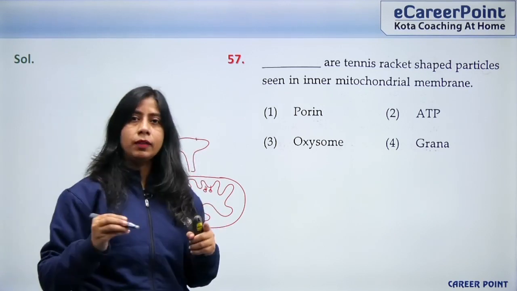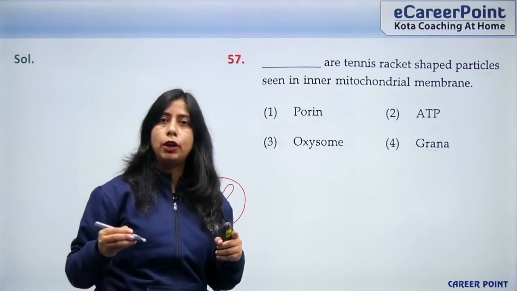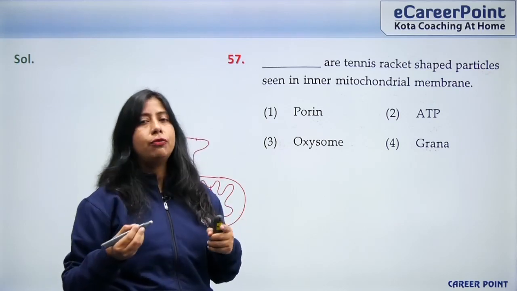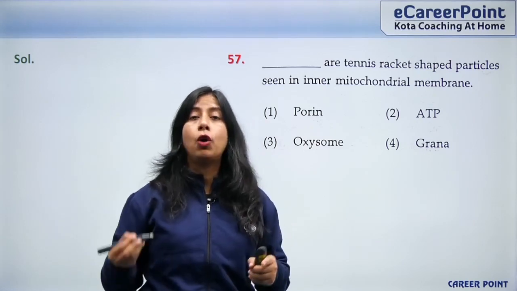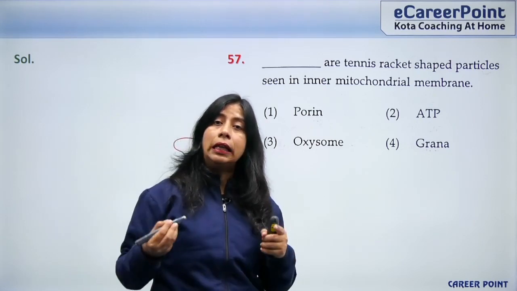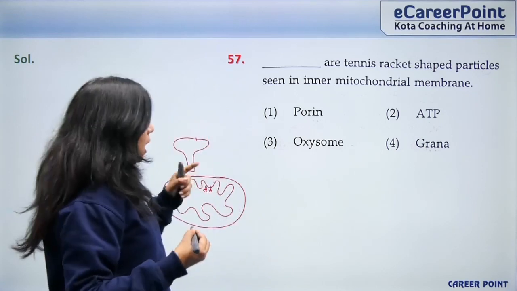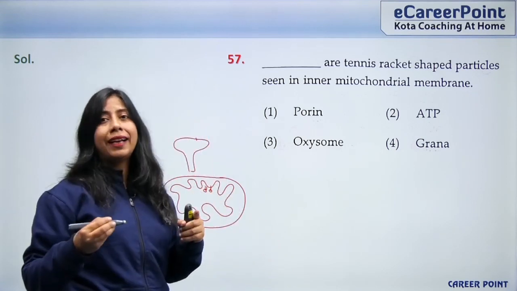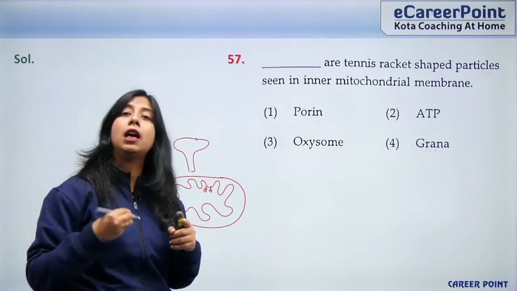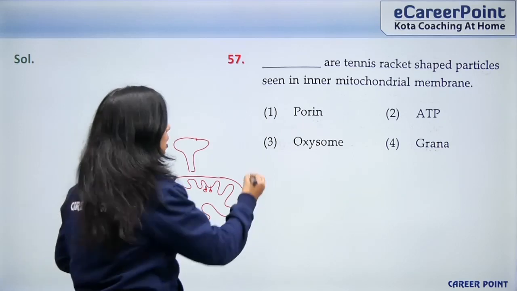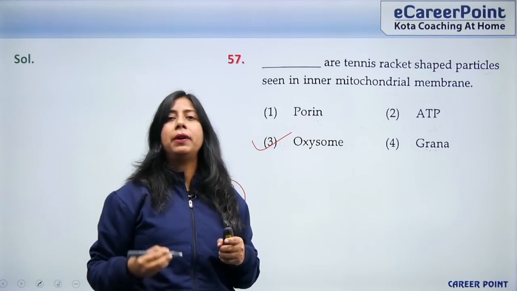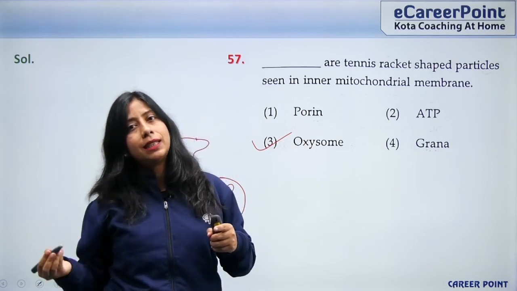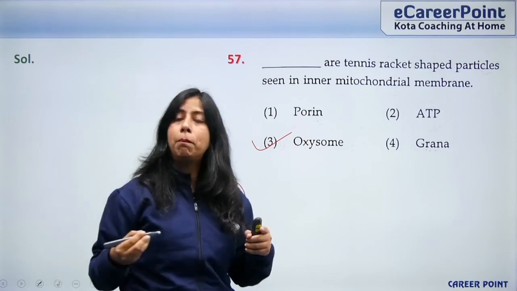Here porins are the protein molecules which provide the channel for the movement of substances. ATP is the energy molecule produced in the mitochondria. Here the tennis racket shaped structure which helps in the ATP synthesis is oxysome. So these are the oxysomes, they help in the ATP synthesis in the case of mitochondria.